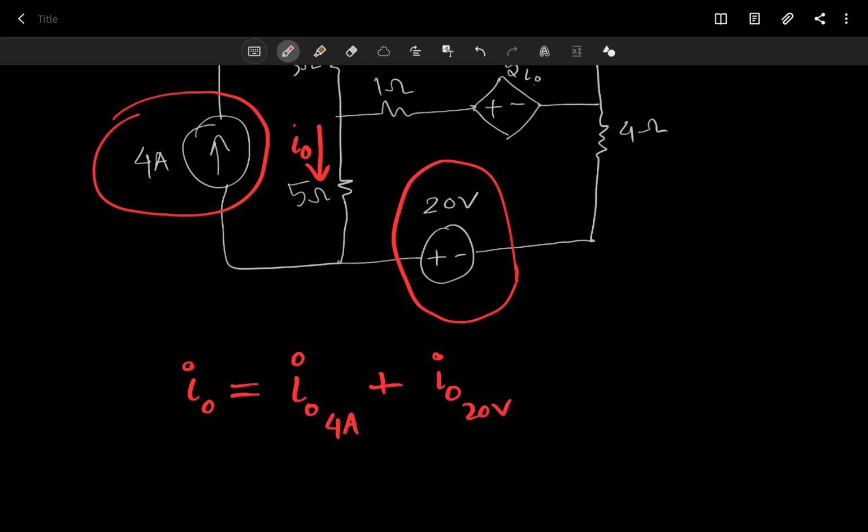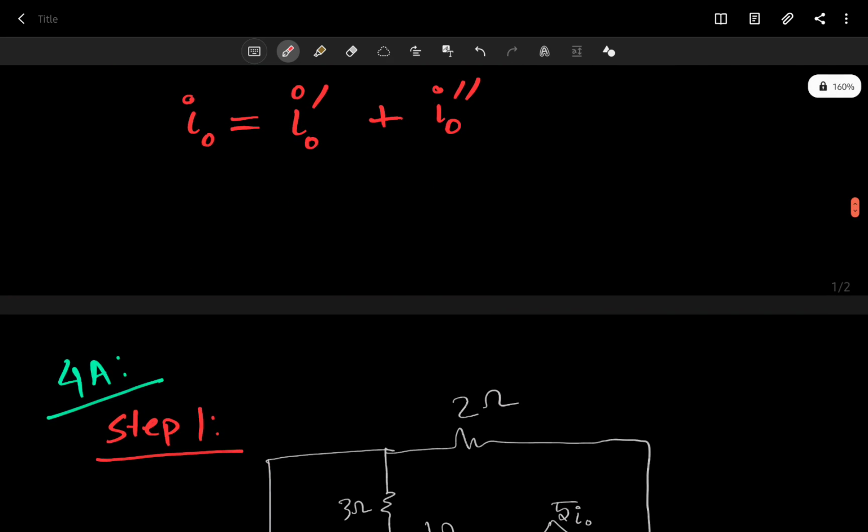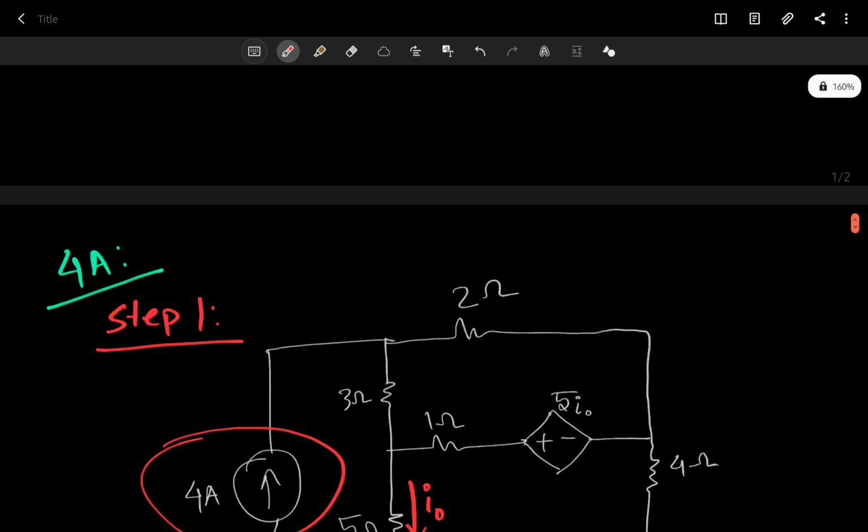If we add their contributions together, we get the total current. But writing it like this is problematic, so let's write it with single prime and double prime.